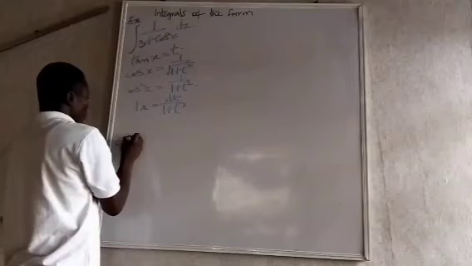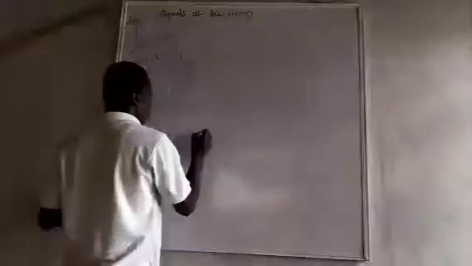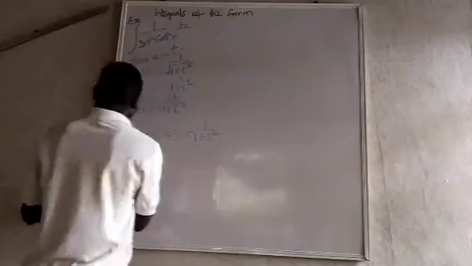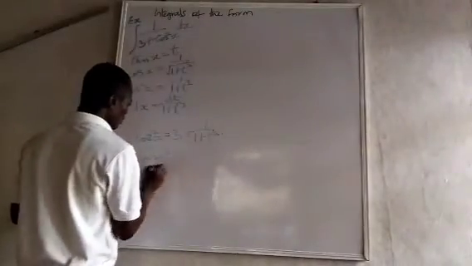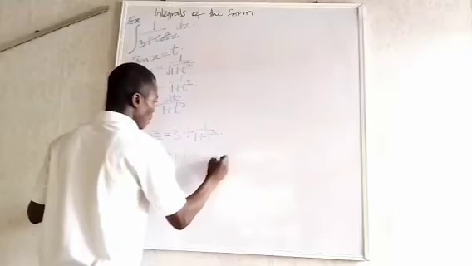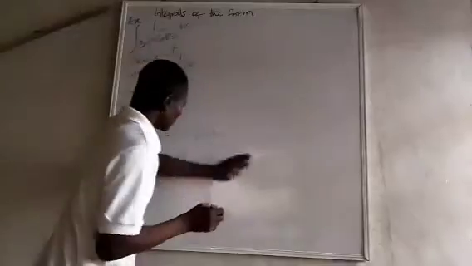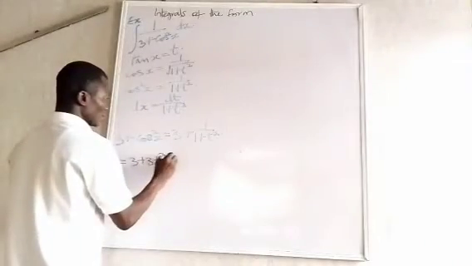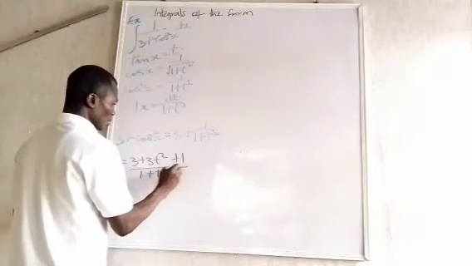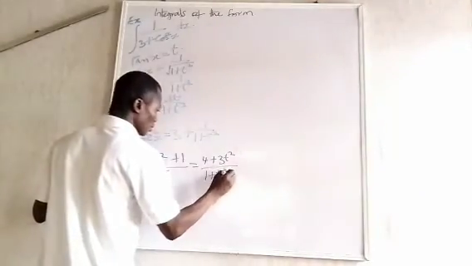So 3 plus cos square x will be equal to 3 plus 1 over 1 plus t squared, which will be 3 plus 3t squared plus 1 over 1 plus t squared, which is 4 plus 3t squared over 1 plus t squared.